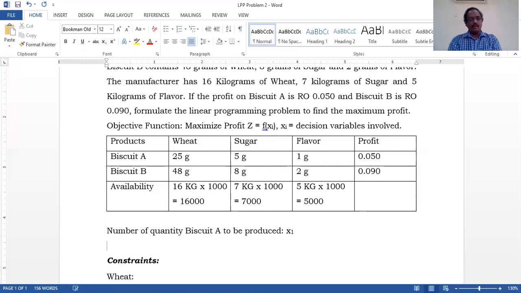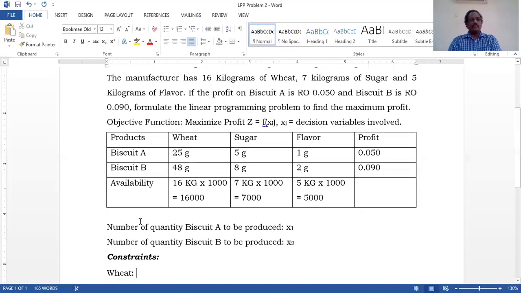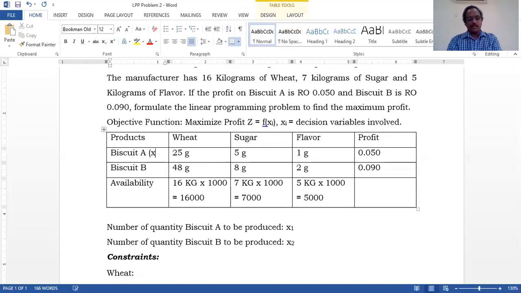And in the same way, the quantity of biscuit B to be produced, we are going to take as x2. Very simple idea. So biscuit A is x1 and this is x2. For understanding purpose, I am just going to take the values.